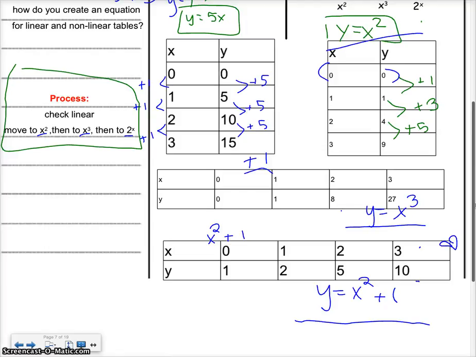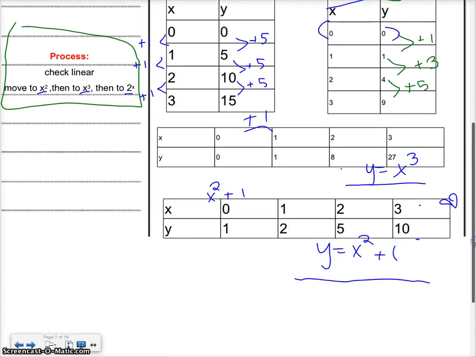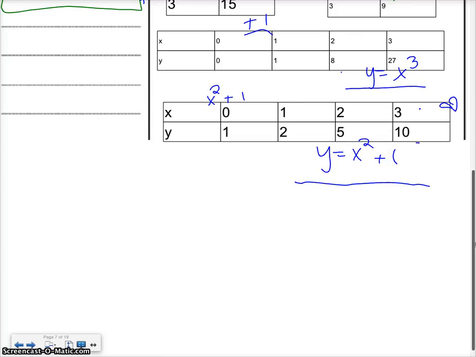I didn't change anything. When I started with my x squared here, because you always start with x squared, 0 squared is 0, but I didn't have a 0. So I say, how do I get to 1? I plussed 1. And then I check. Sometimes that's not going to work, but then you go to x cubed and say, okay, x cubed, how do I get to 1? It's all a guess and check. Trust that you might not get the right answer right away. You don't give up with these nonlinears.